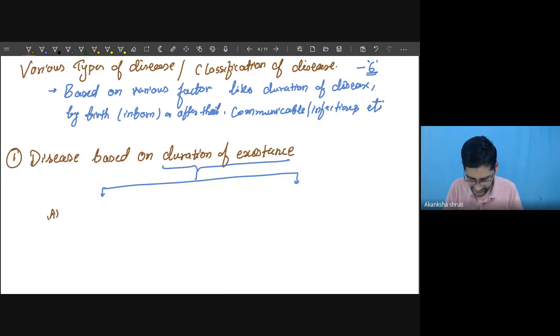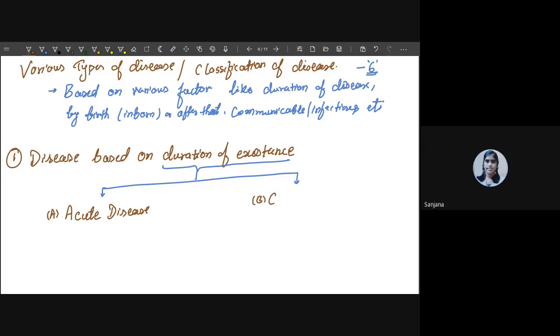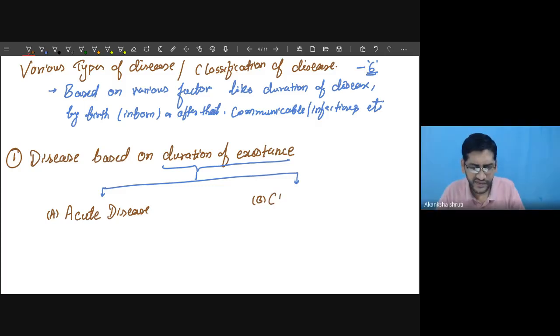One is called acute disease. These terms are very important. Get it, students? It is asked, define acute disease. So the first one is acute and the second one is chronic. Chronic disease. Student, this is the classification based on duration of existence.